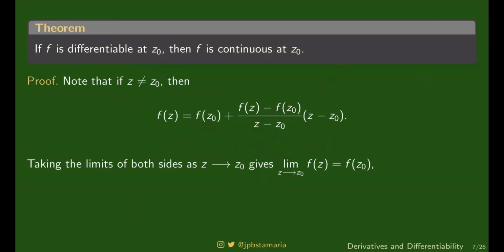So what's left here is that the limit of f of z is f of z naught as z approaches z naught. And that is exactly what we mean when we say that f is continuous at z naught. Kaya ang differentiability ay mag-i-imply palagi ng continuity. Again, meron tayong example na function which is just continuous. This is continuous.